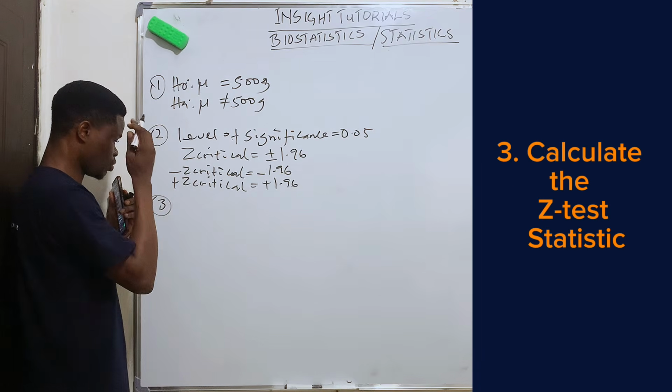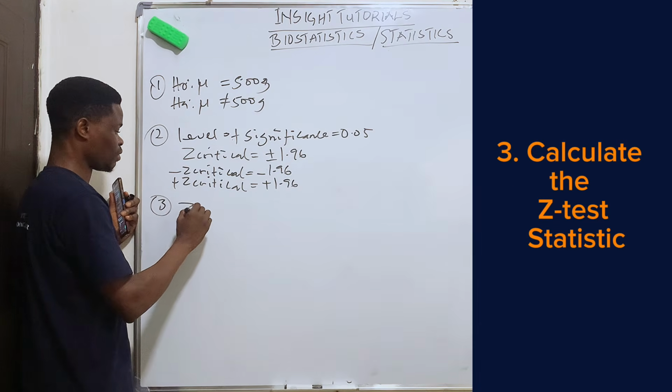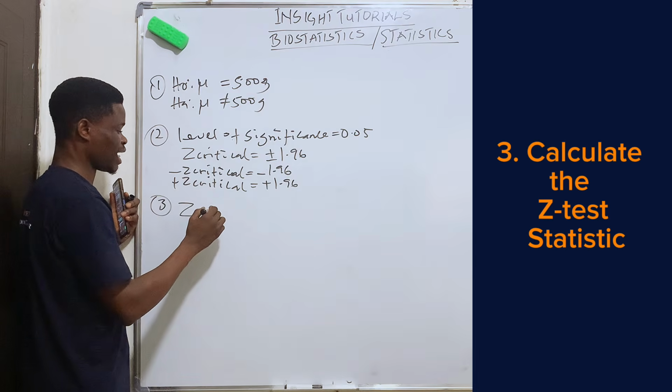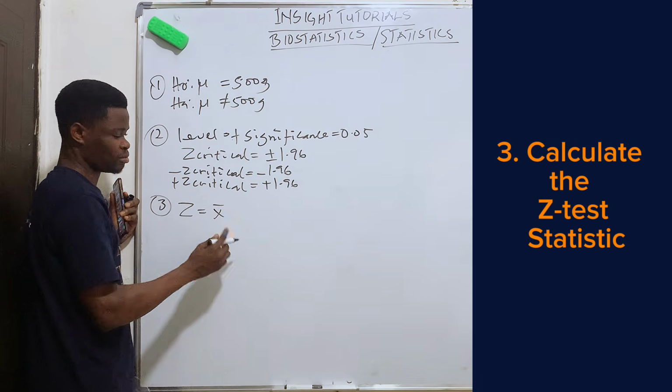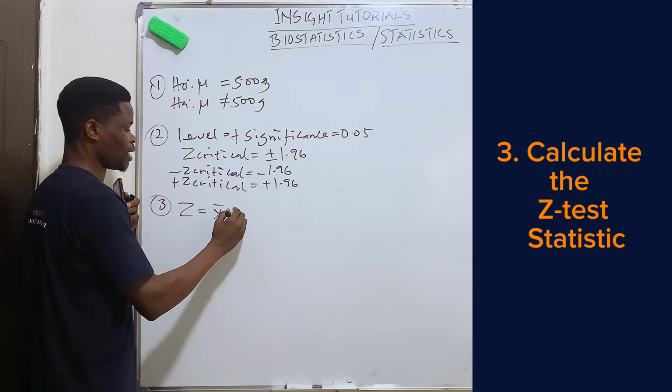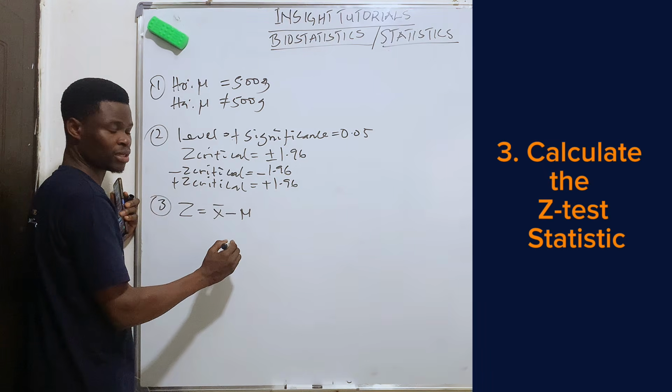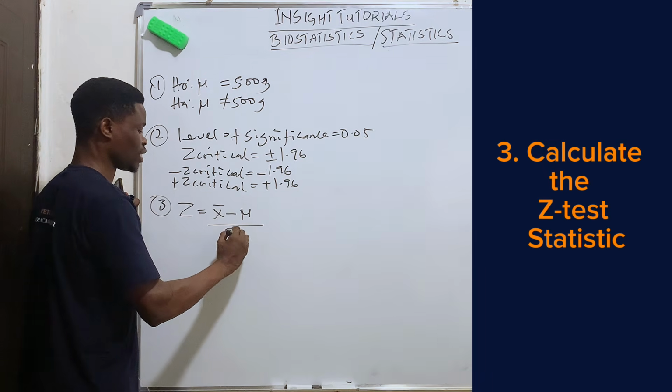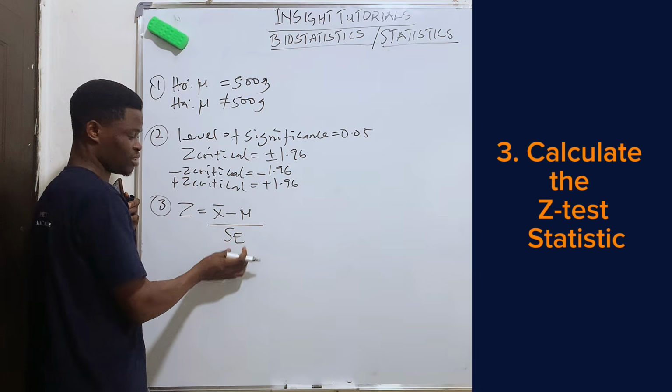So number 3, we are going to find the Z value, and the formula for the Z value is given as the sample mean, minus the population mean, all over the standard error.